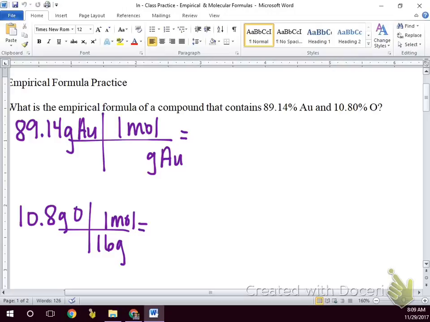So gold is 196.96, and we're probably good if you round that up to 197.